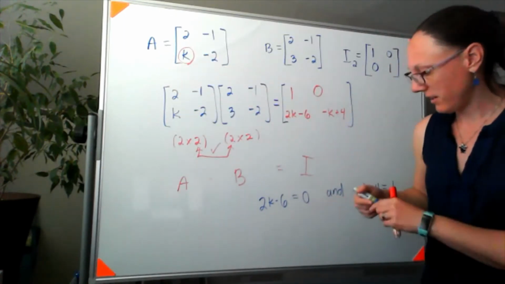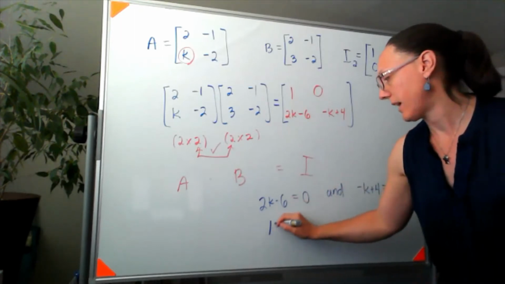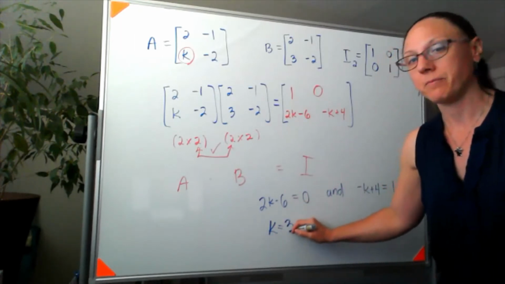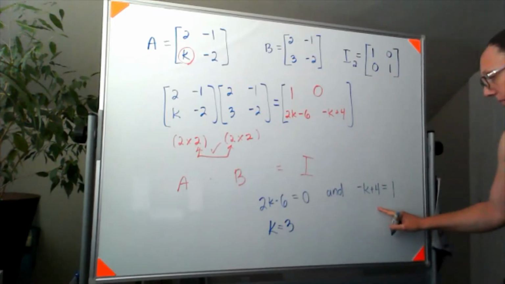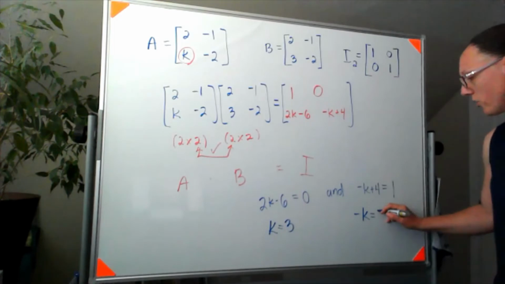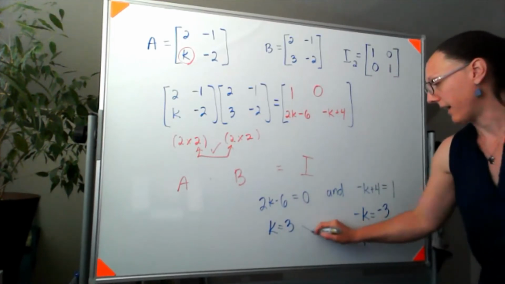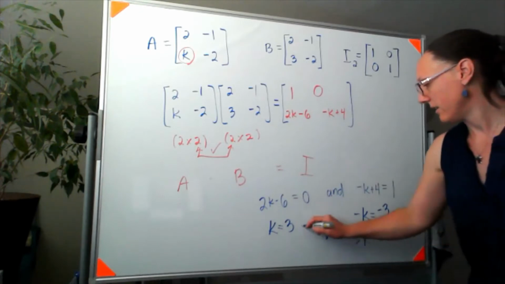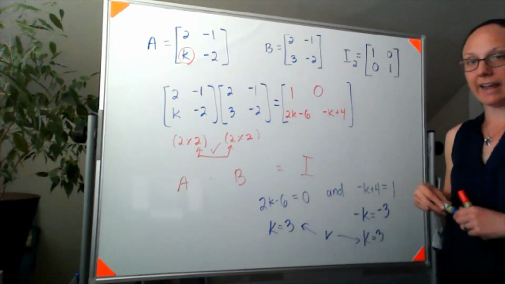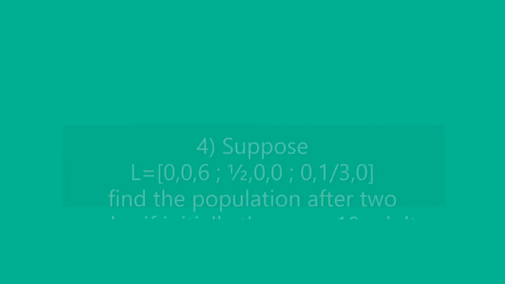Well, I think we can see that if I move the 6 over, divide by 2, k would have to be equal to 3. And if I come over here, this says -k would be equal to -3. So k would be equal to 3. And yes, that's the value of k that will make A times B equal to I2.